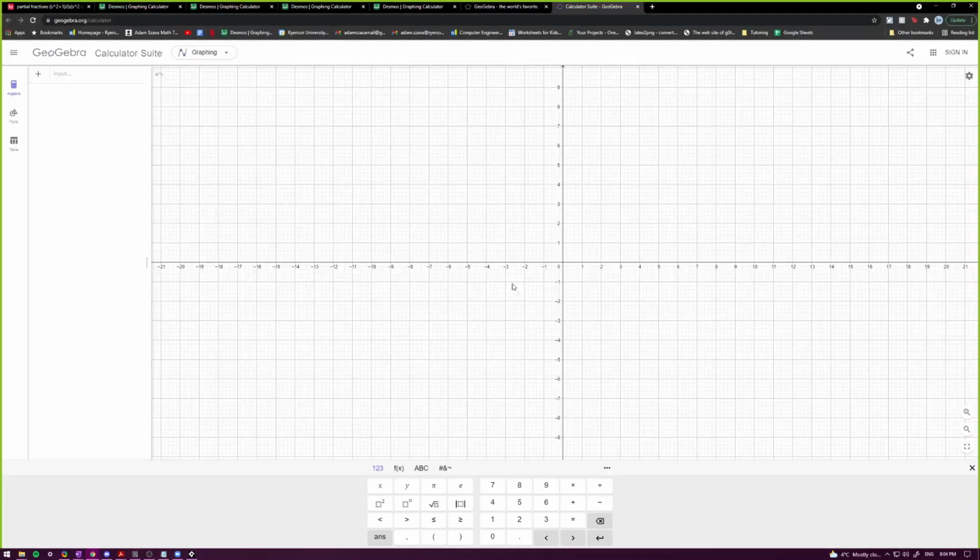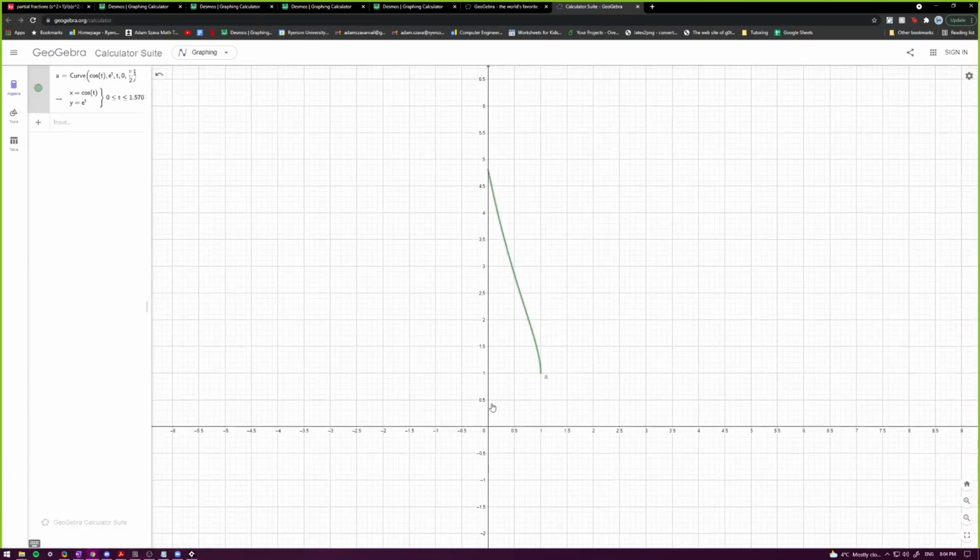You type in the word curve, hit enter, and start typing cos t. The next expression is e to the t. The next thing it wants is the variable t, start value 0, end value pi over 2. There we go, I plotted a parametric curve.